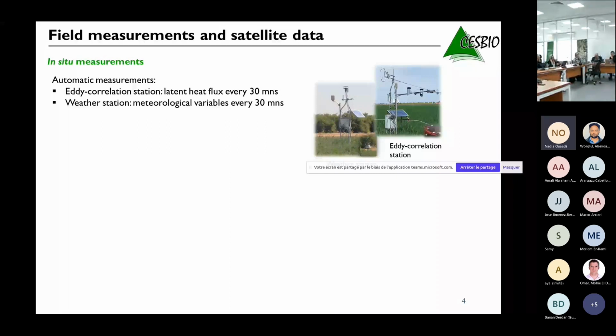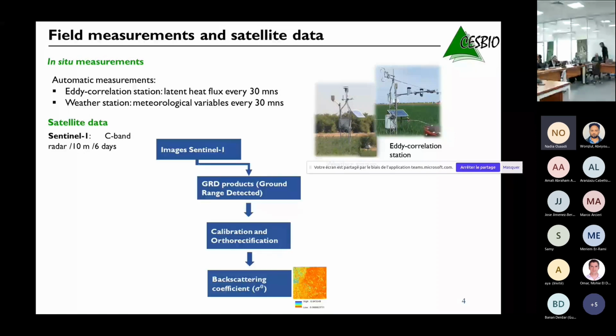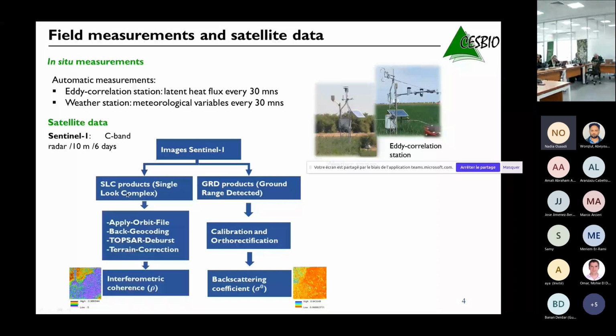For the satellite data, we have mainly used the Sentinel-1 C-band radar data with a 10-meter resolution and a revisit time of 6 days. We have processed the 2 types of Sentinel-1 products, namely the ground range detected to extract the backscattering coefficient and the single look complex to compute the interferometric coherence.